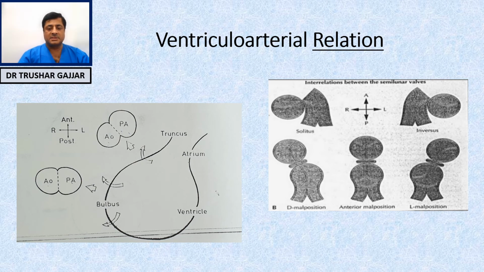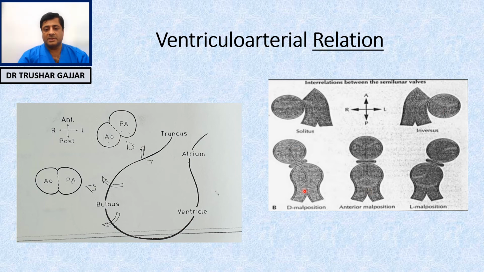Along with connection, there is relationship. In a normal dextrocardic heart, the PA is left and anterior, aorta is right and posterior. While in an inverted heart, the PA is right and anterior and aorta is left and posterior.